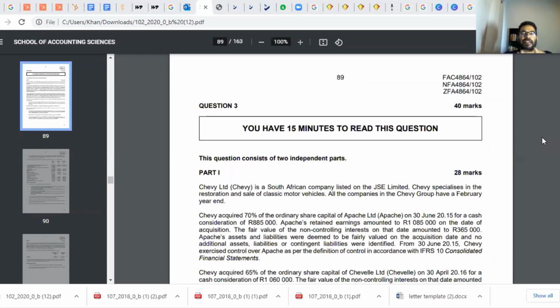As you get better at it, you should be reading it quicker. Maybe the first time you take 30 minutes to read the scenario, but as you become better at it, you will shrink it to that 15 minutes. The same will apply to reading the required.